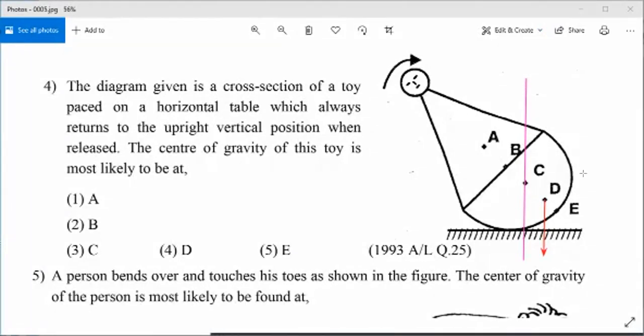It is not possible to take the center of gravity to an edge. So even from this figure at once you can identify capital D as the center of gravity if you have clearly found this point of contact.